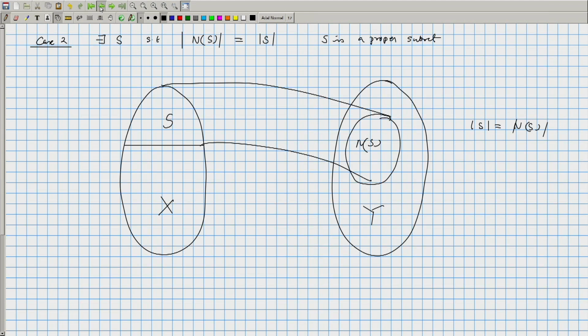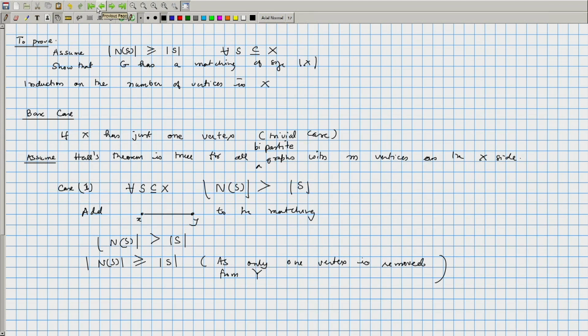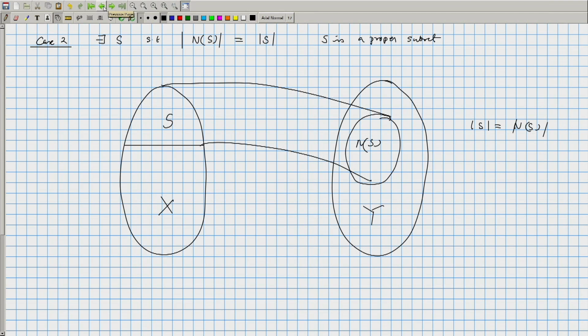Our earlier case was that for every subset the size of N of S was strictly greater, and now we are going to assume that there is a proper subset for which the size is exactly the same. Now, if this is the case, let us restrict our attention to this set S.